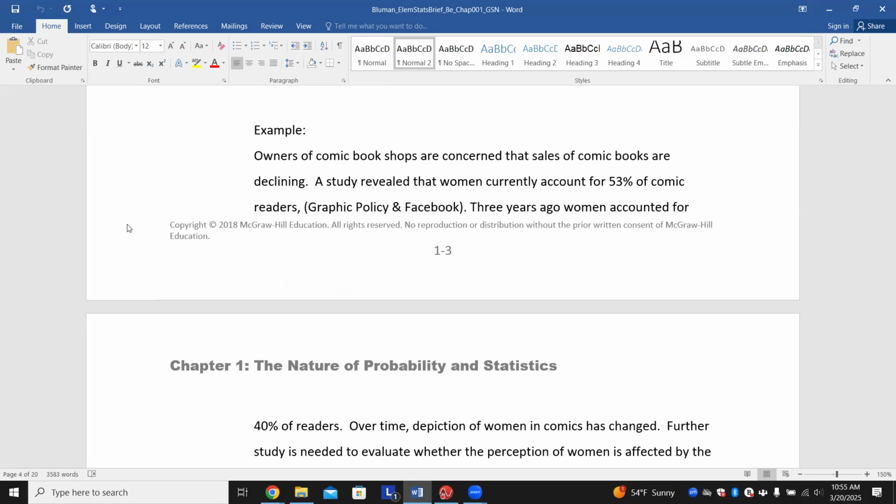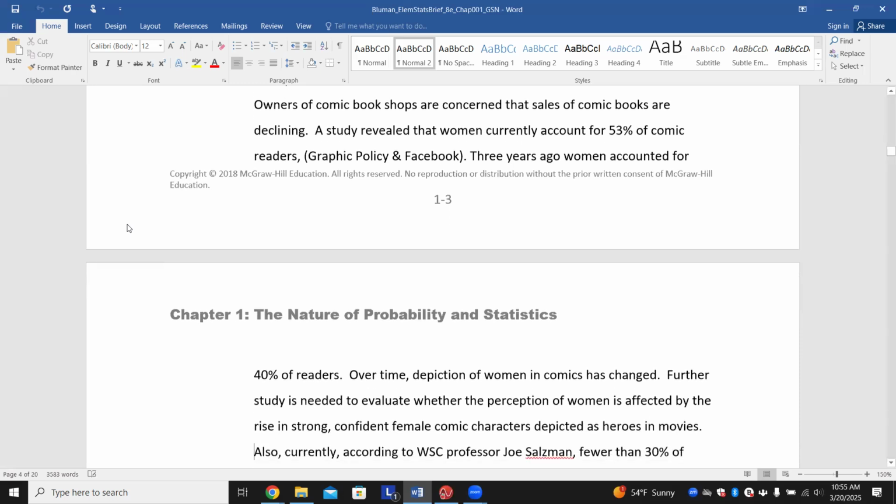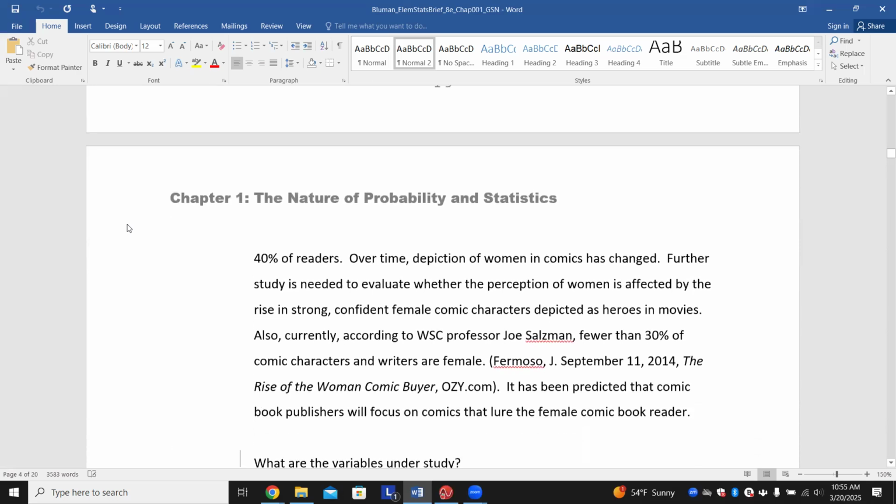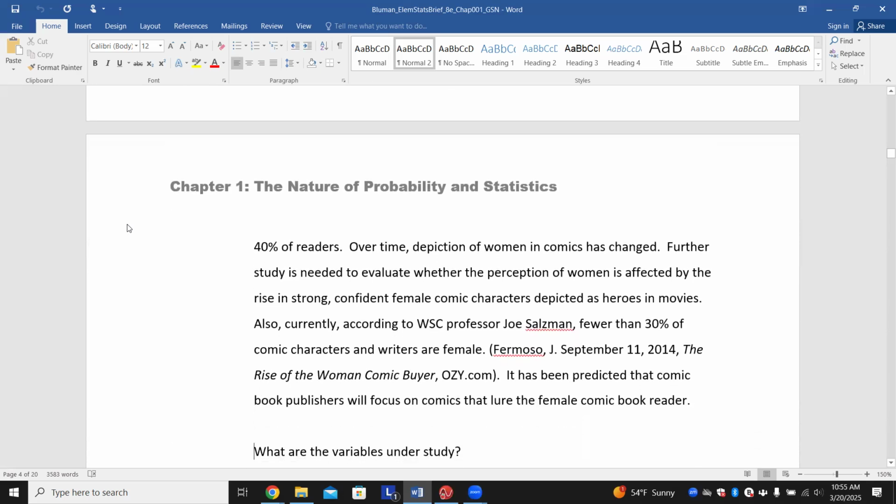So looking at this example here, it says owners of comic book shops are concerned that sales of comic books are declining. A study revealed that women currently account for 53% of comic readers from a graphic policy and Facebook. 3 years ago, women accounted for 40% of readers. So over time, the depiction of women in comics has changed. Further study is needed to evaluate whether the perception of women is affected by the rise in strong, confident female comic characters depicted as heroes in movies.